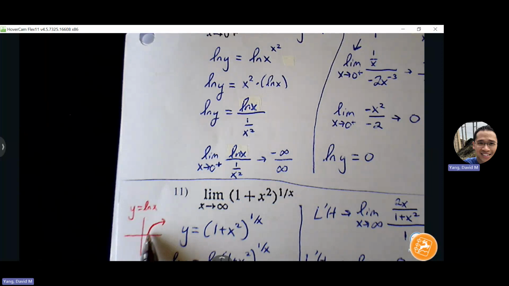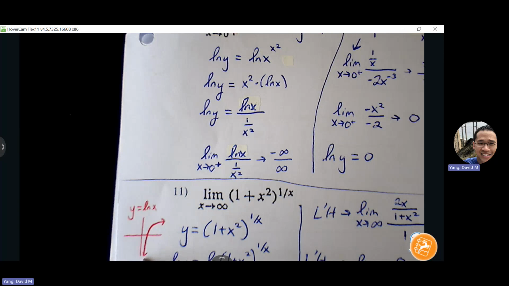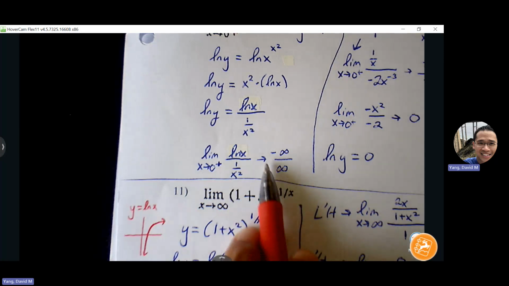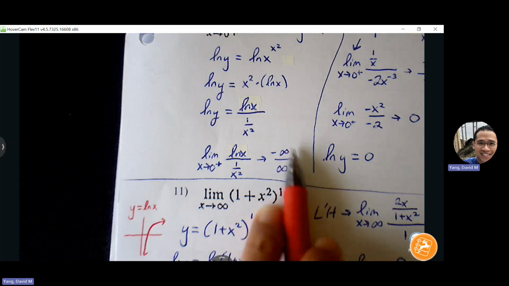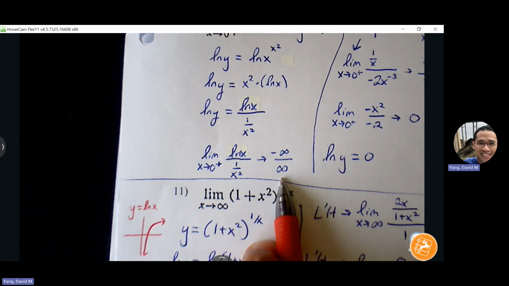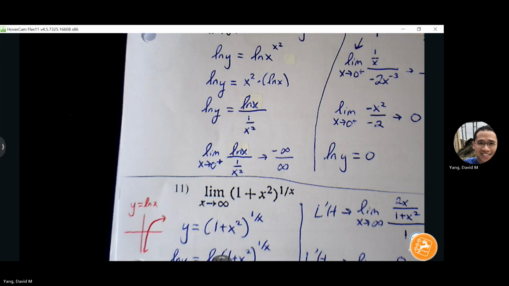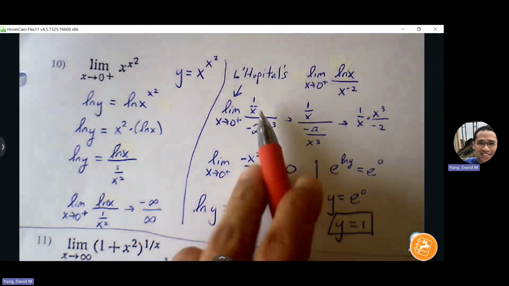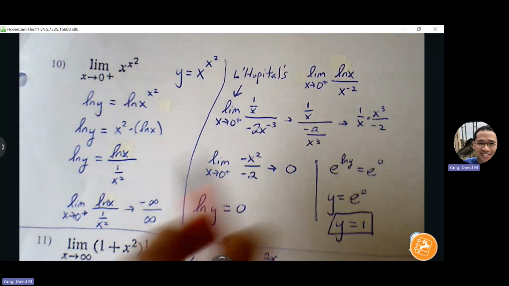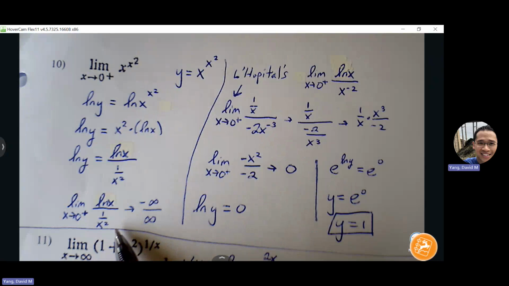And as I get closer and closer towards 0 from the right side, that y value is getting closer and closer towards negative infinity. So for negative infinity over positive infinity, this is an indeterminate form where we can apply L'Hopital's rule. And once we know that we can apply L'Hopital's rule, I'm going to get that denominator ready.